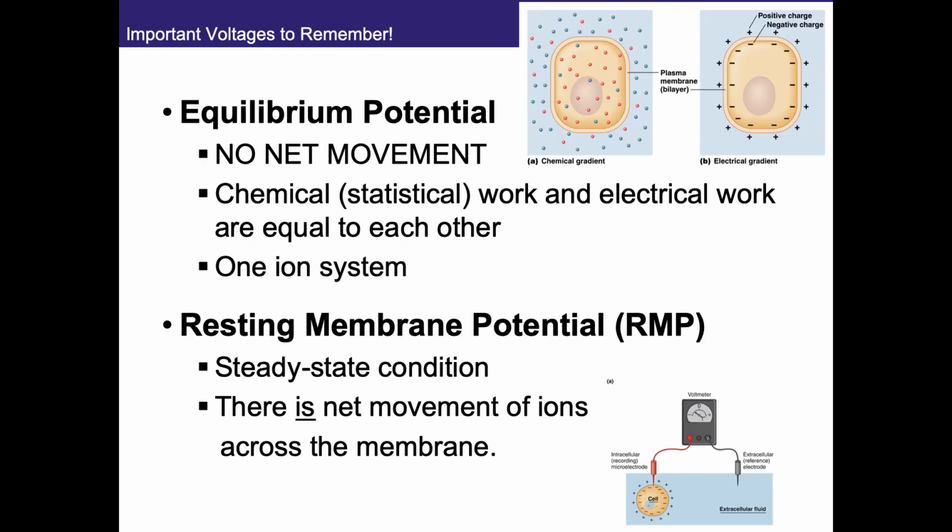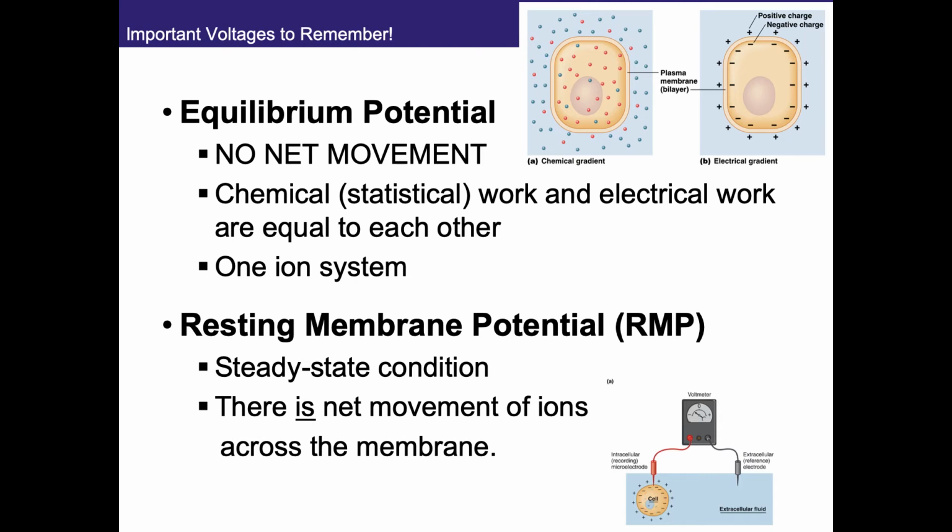All right, you've seen this particular slide already. I just want to review to make sure that you know the difference between the equilibrium potential and the resting membrane potential. You really have to know the difference between the two. Again, this is the type of question that will be on the exam. The equilibrium potential, you can calculate the exact voltage where you would be at electrochemical equilibrium by using the Nernst equation.